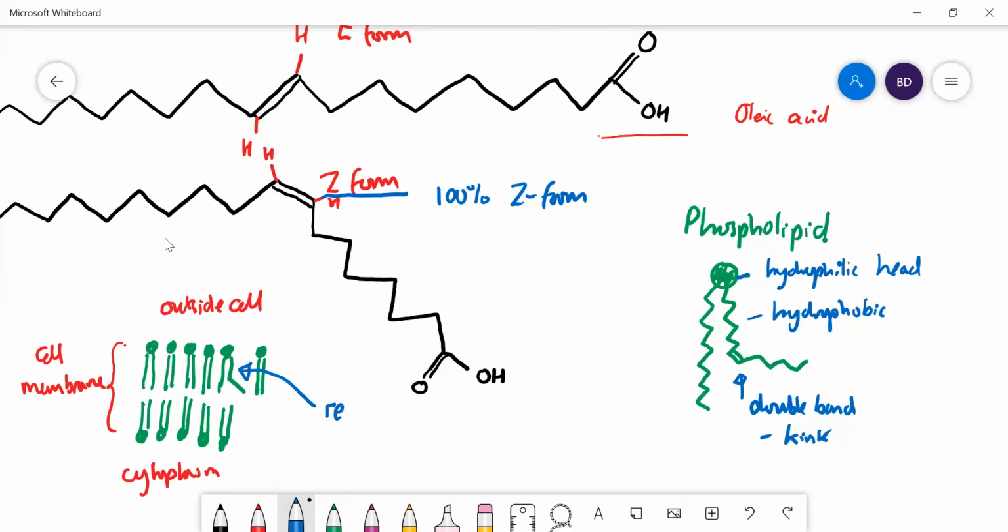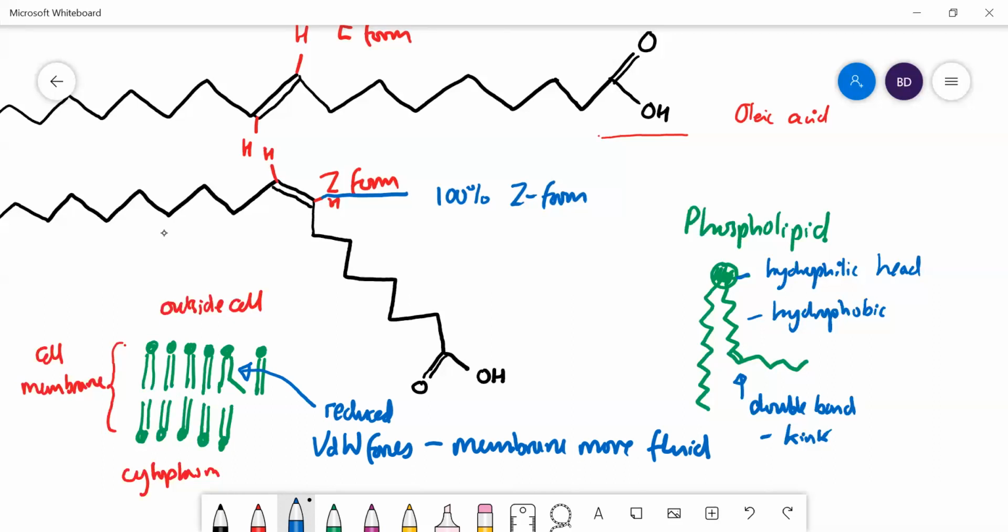The van der Waals forces between the one with the double bond in it are slightly weaker. And that means the membrane is more fluid, because the intermolecular forces between the phospholipid molecules are weaker.